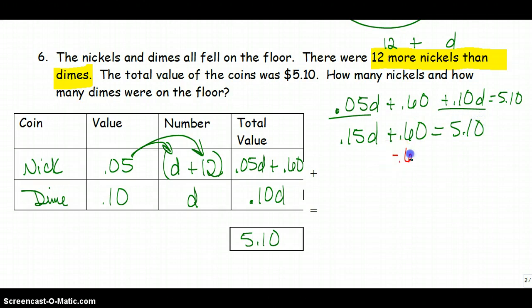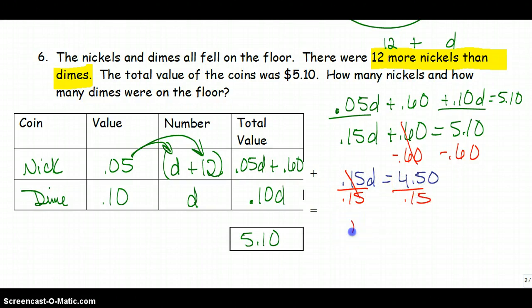Going to subtract 0.60 from both sides. So 0.15D is equal to $4.50. Divide both sides by 0.15. So now I have D is equal to 30.